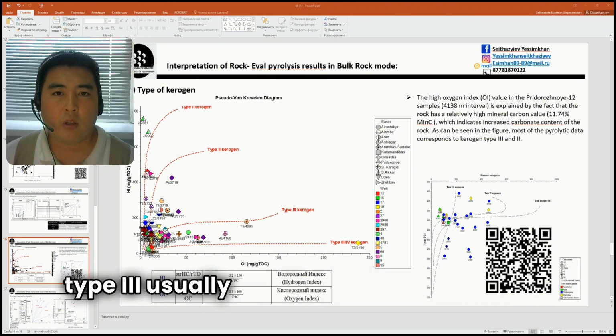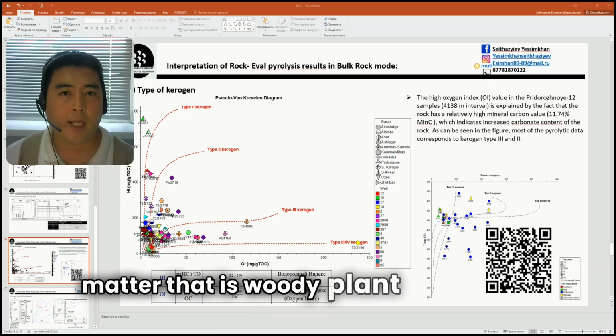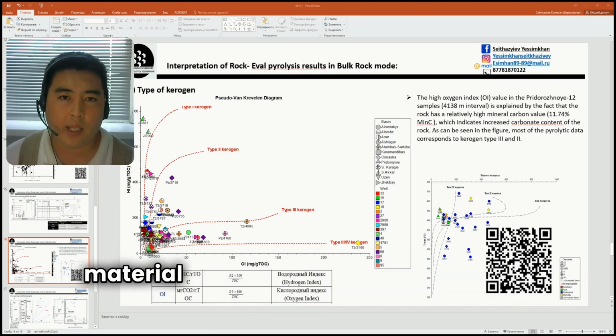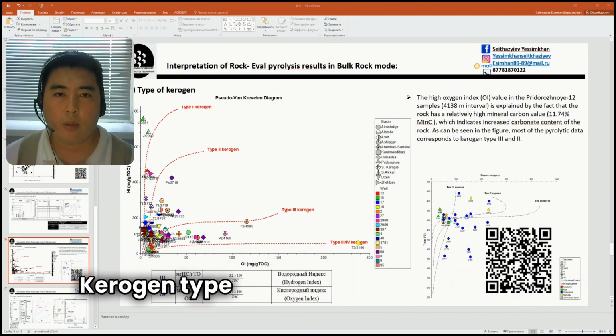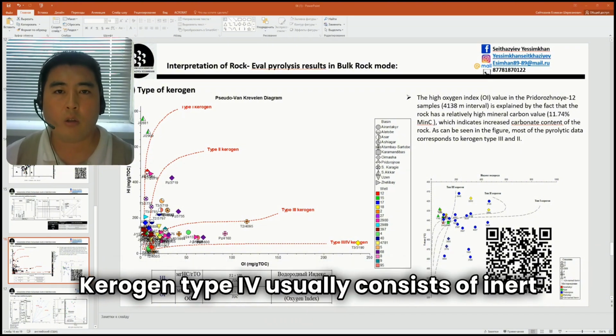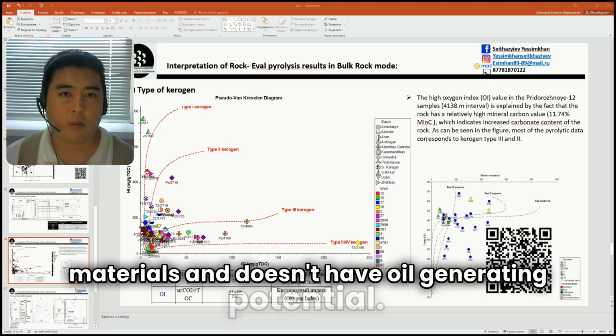Kerogen type 3 is usually formed from humic organic matter, that is woody, plant, or terrestrial material, and generates predominantly gas. Kerogen type 4 usually consists of inert materials and doesn't have oil generating potential.